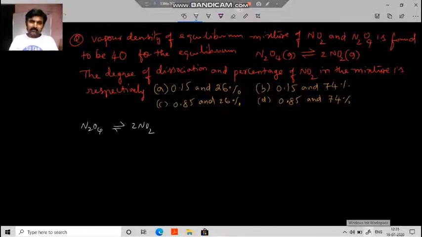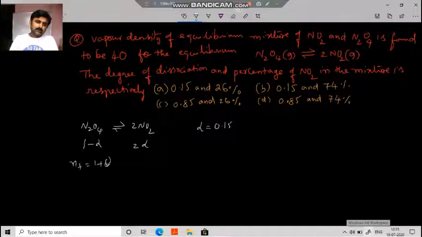So we can find the number of moles. We can assume this is 1 minus alpha, this is 2 alpha at equilibrium. Suppose you take alpha equal to 0.15 as per these observations, then the total number of moles is 1 plus alpha, which becomes 1.15, right?